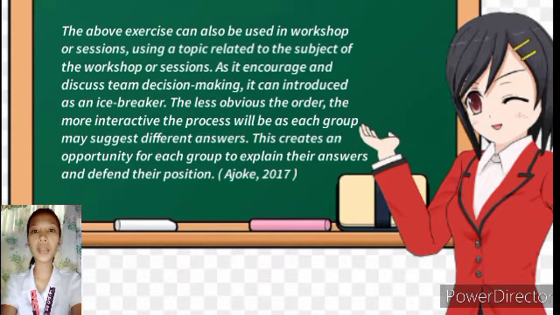The above exercise can also be used in workshops or sessions related to the topic, as it encourages team decision making and discussion. It can be introduced as an icebreaker. The less obvious the order, the more interactive the process will be, as each student may suggest different answers. It creates an opportunity for each group to explain their answers and defend their positions.